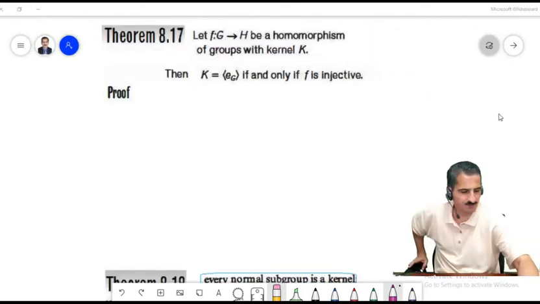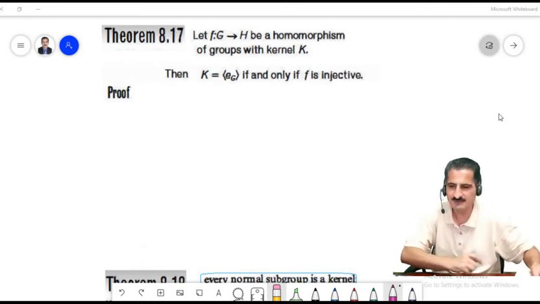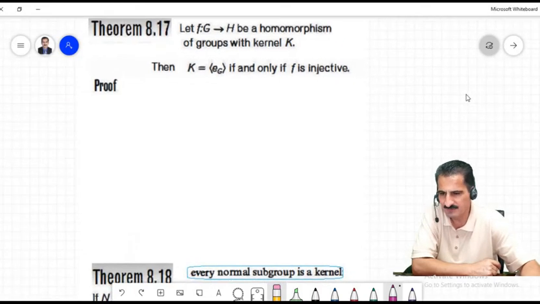Okay. So the very first result that we will achieve from the definition of the kernel is the following. This is a very interesting theorem, very intuitive and interesting one.